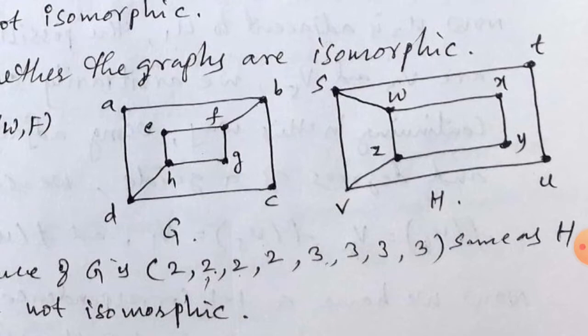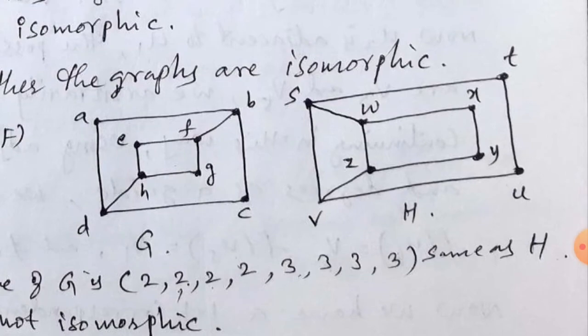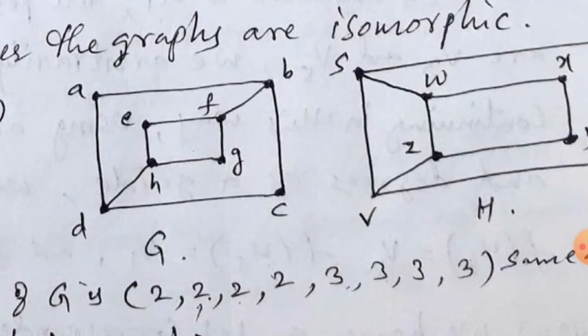Clearly we have seen in H that each is adjacent to another vertex of degree 2, which is not true for A in G. Observe A is adjacent to which ones? B and D, and B has degree 3, D has degree 3.